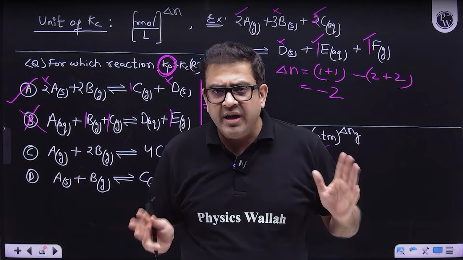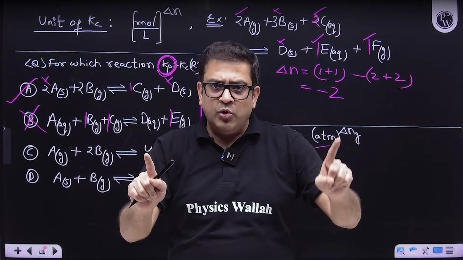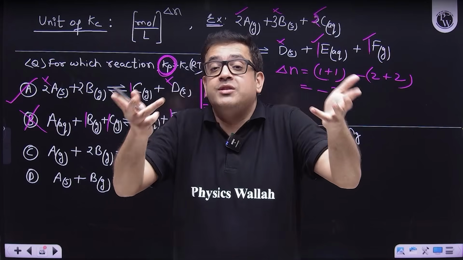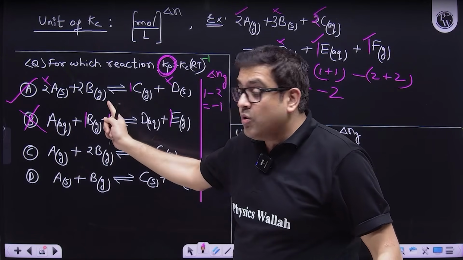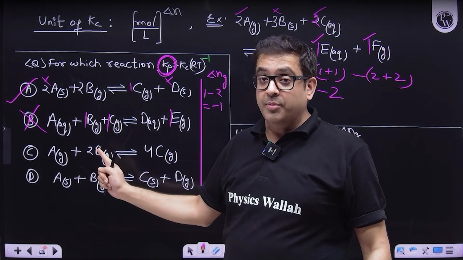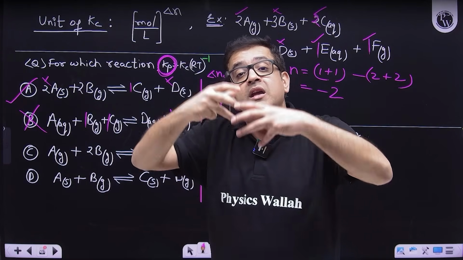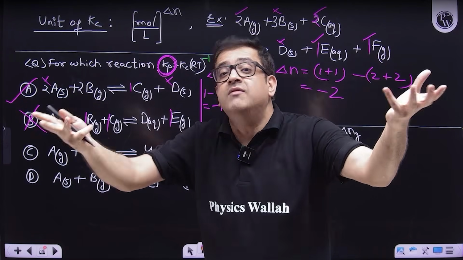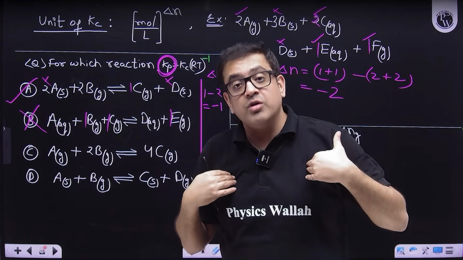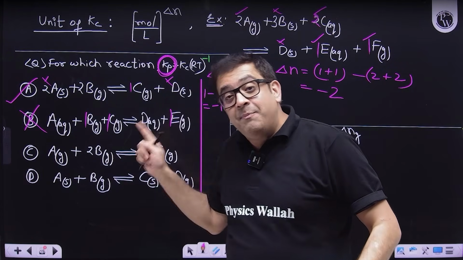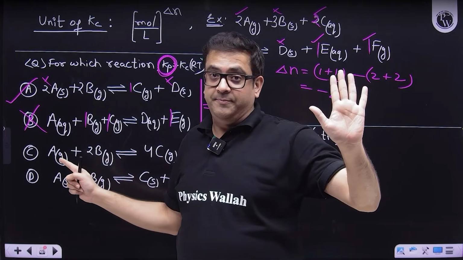Even in a heterogeneous system, pure solid and pure liquid may come, but we will not consider them because they do not impact the state of equilibrium. Aqueous solution does impact the state of equilibrium. Therefore, for them we have to define another equilibrium constant, Kpc, which is not in our syllabus. It deals with P and C at the same point of time. Kp individually for them is not defined.